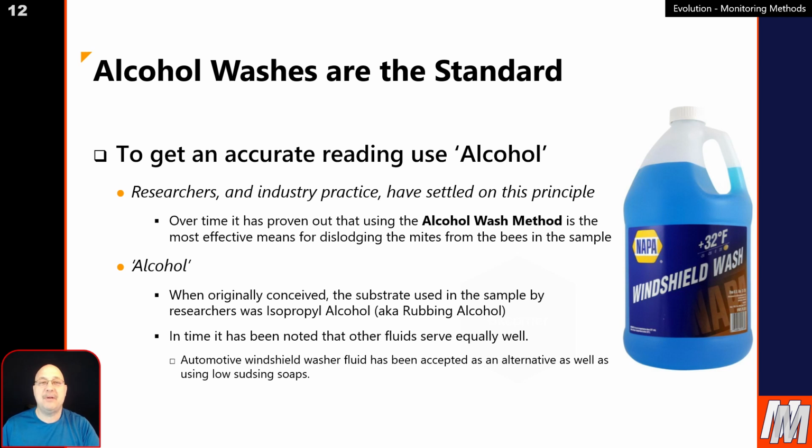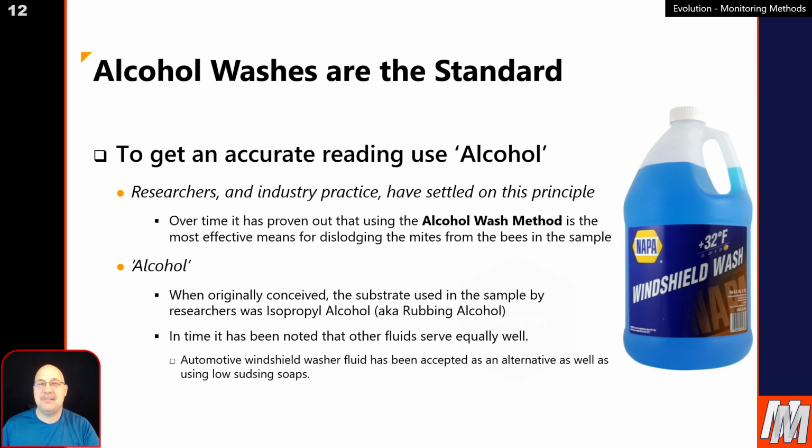In a moment, we're going to walk through a step-by-step process description, but before going there, a quick word about the fluid to be used. It's called an alcohol wash because traditionally isopropyl alcohol is the fluid of choice. That fluid, liquid, is not very nice to work with.